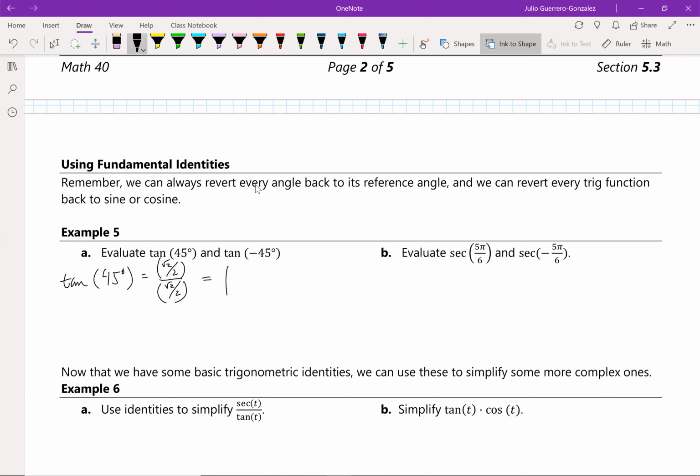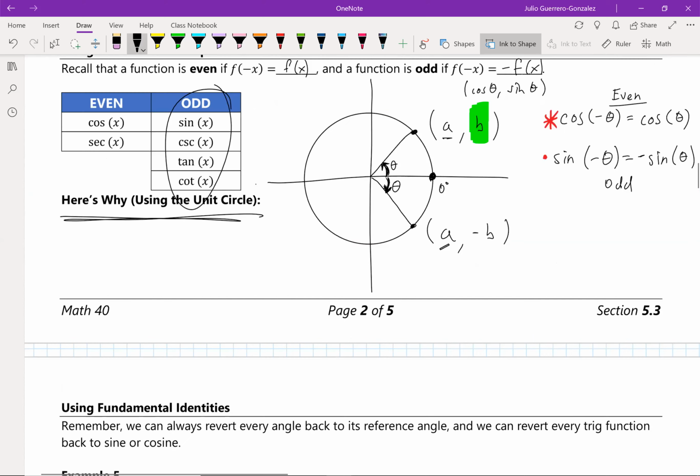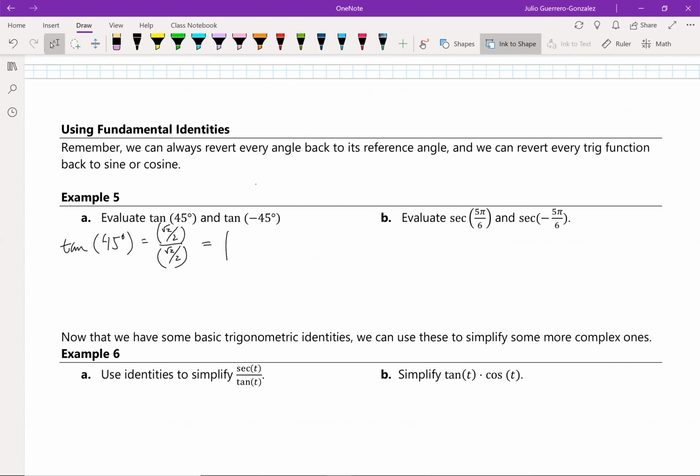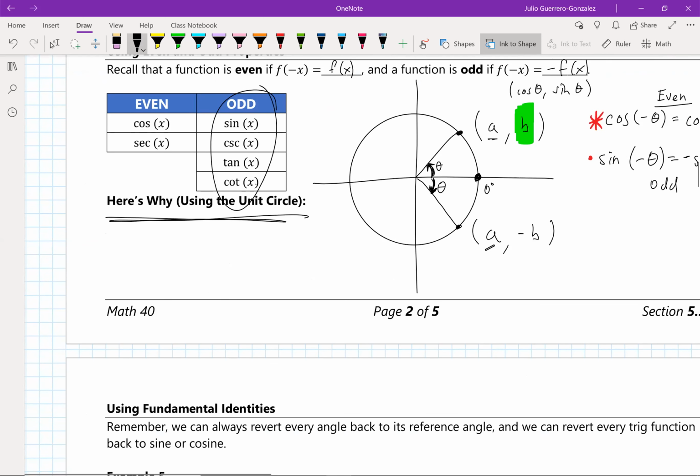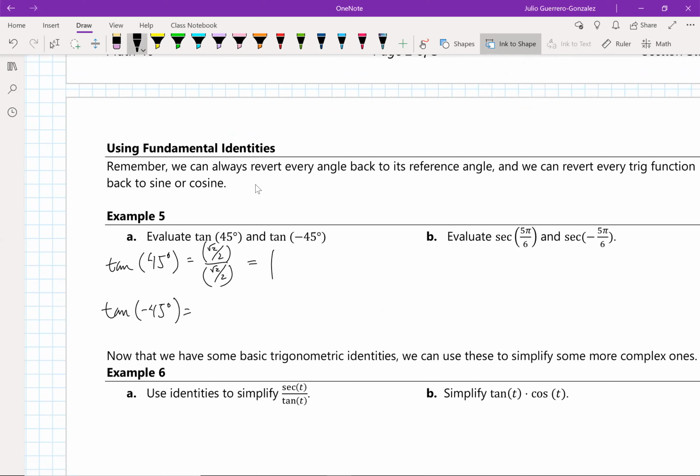Here's where the usefulness in the odd and evenness of our functions really helps out. Tangent of negative 45 degrees. Since we know tangent is an odd function, we know that this is equivalent to negative tangent of 45 degrees. Since we know tangent of 45 degrees is 1 from above, this is going to be equal to negative 1. So we have our two answers.